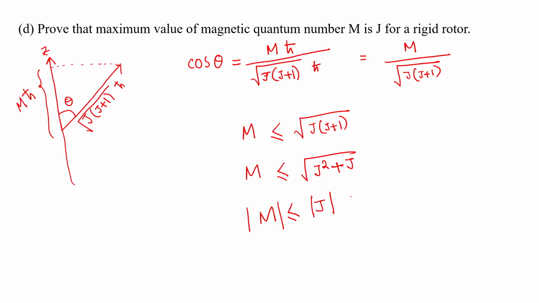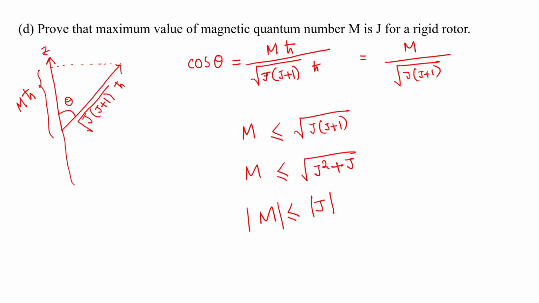This is a mathematical way to say how your magnetic quantum number m is always going to be. So it has a limiting value. It's not like it is always going to be strictly less than; there is one option when it is going to be equal to your j.